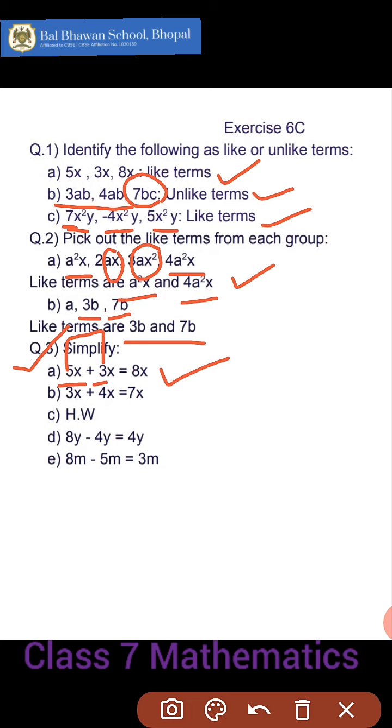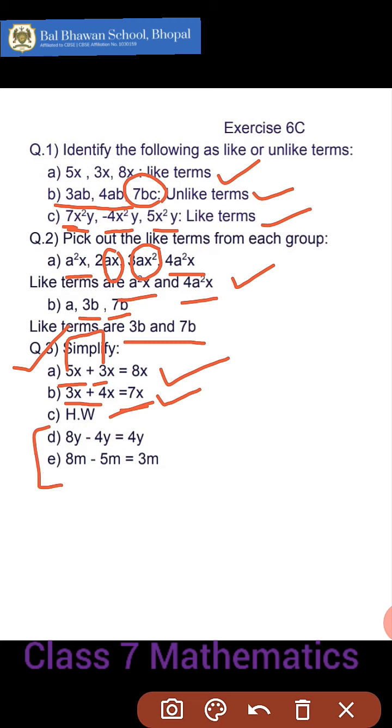In the next one also, 3x plus 4x, both of them are like terms because both of them are having x as the variable part. And when you add 3 plus 4, which are the coefficients of these terms, you get 7 and the variable part comes as it is, so it becomes 7x.